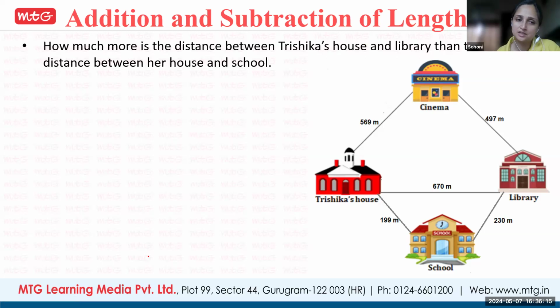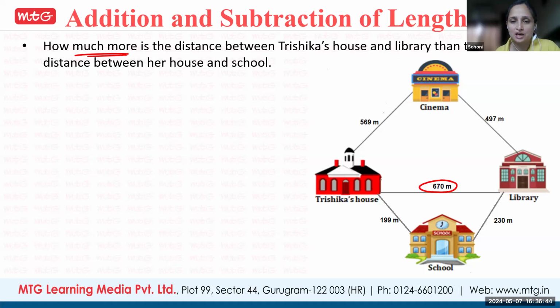Okay, next question is, how much more is the distance between Trishika's house and library than the distance between her house and school? So here what do we have to do? We have to find the difference. Trishika's house and library means this one.